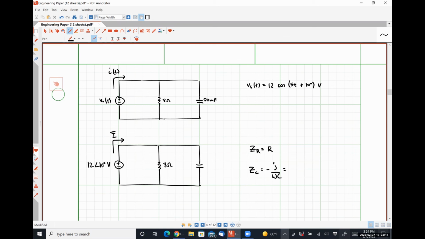Omega is 5 radians per second. And C is obviously 50 millifarads. So if I put 1 over 5 times 50 times 10 to the minus 3, this is going to look like negative j4 ohms.